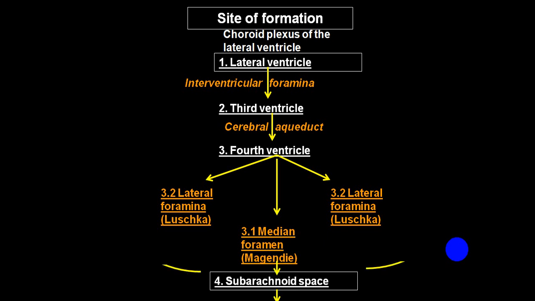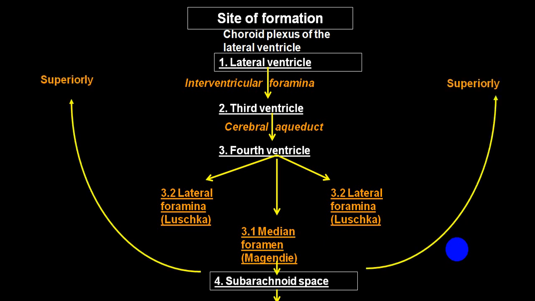and from the subarachnoid space it will go upward, that is, it will push upward because of inspiration, because of pulsation, etc. And inferiorly, it will enter into the central canal of the spinal cord and the subarachnoid space surrounding the spinal cord.